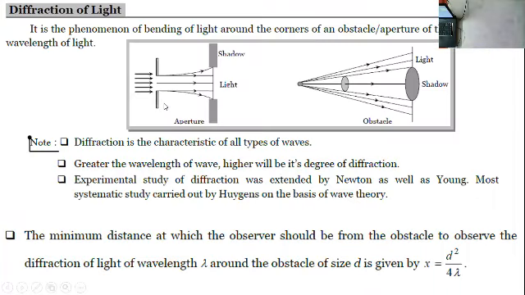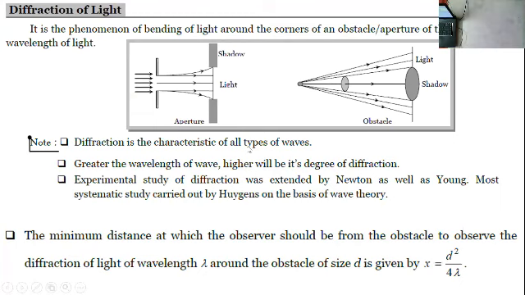Diffraction is a phenomenon of bending of light around the corners of an obstacle or aperture of the size of the wavelength of the light. I already explained this. Here, the light ray has bent slightly. This bending of light around the corners of the obstacle is called what, guys?